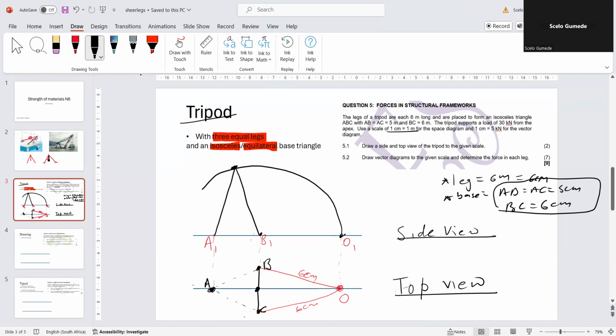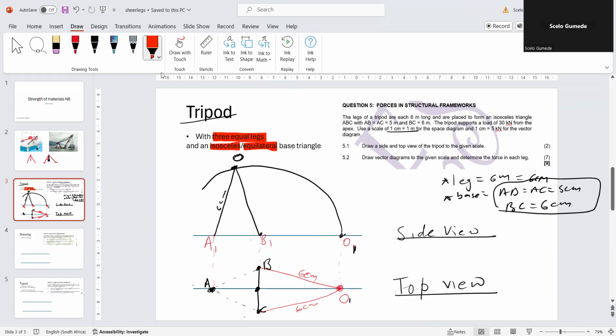So it's AB, that is 6 because it is a leg, 6 centimeters, and this one you just join between that point and on the top, which is going to be our point O. So this one is O1 and O1. That is the perfect O there.